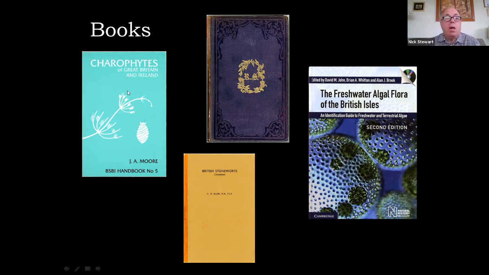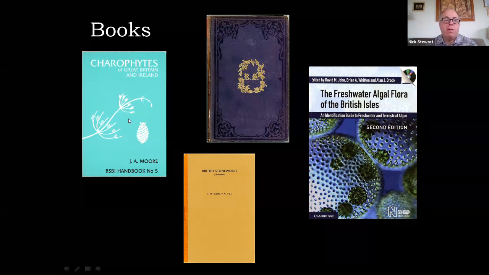There are 1 or 2 other things which I think need to be improved in the Charophyte handbook. One is particularly that I think there's scope for more discussion about differences between the different species and the species descriptions.